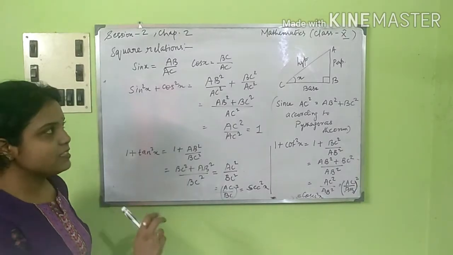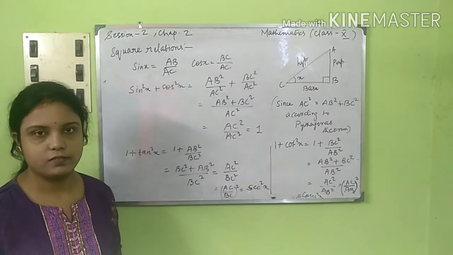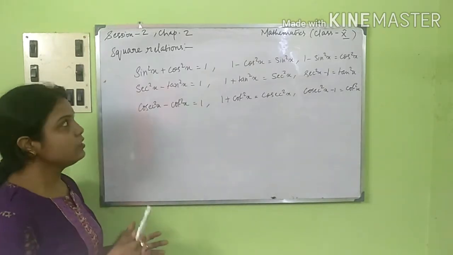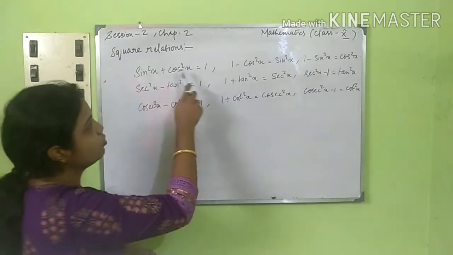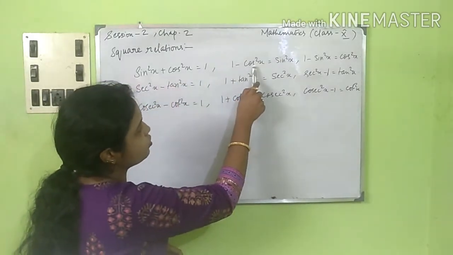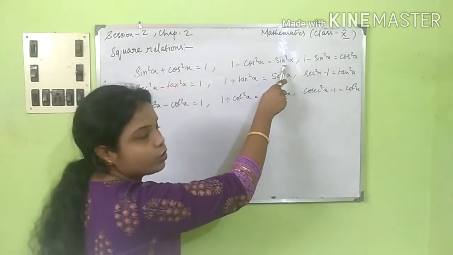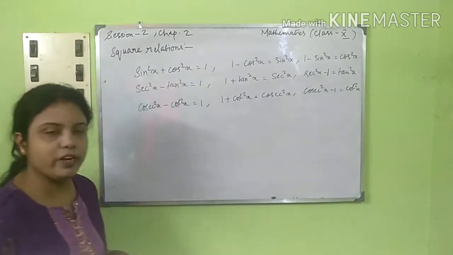Right? So let's come to the summarized part of these square relations. Now this is a summarized form of the square relations. Just see that sin square x plus cos square x equal to 1. We have got that. So we can also write 1 minus cos square x, just taking the cos square x on the other side of the equation, equal to sin square x. Now again 1 minus sin square x equal to cos square x.